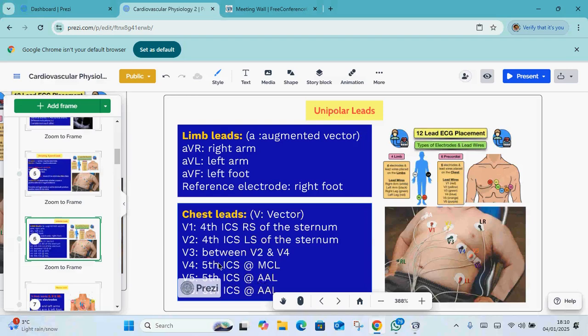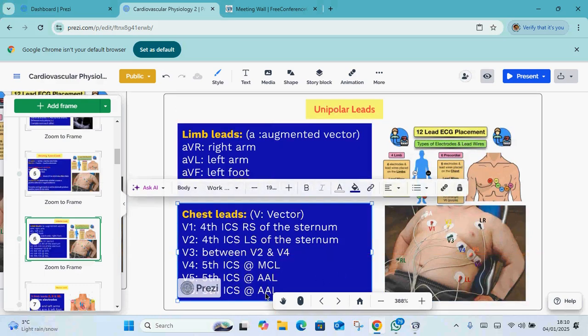V4, V5 and V6 are all on the same intercostal space, which is the fifth intercostal space. The difference between them is the vertical level. So this is mid-clavicular line, this is anterior axillary line, and this is mid-axillary line.